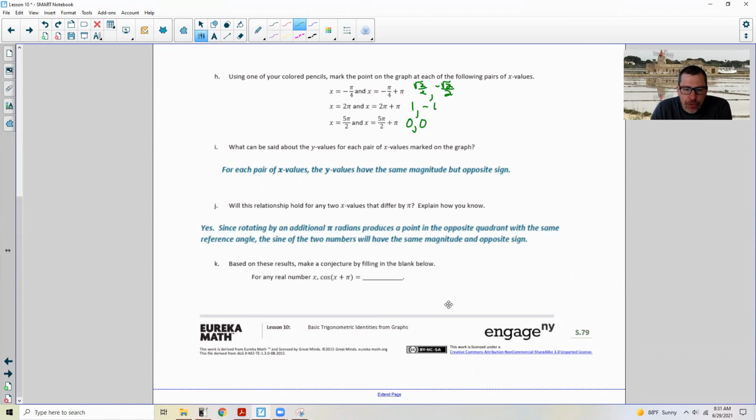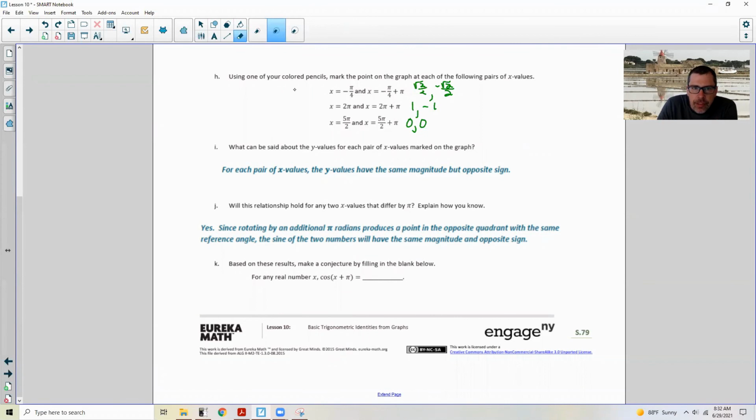For any real number x, the cosine of x plus pi equals, and since we're getting the opposite sign, it's going to be the negative of cosine x.